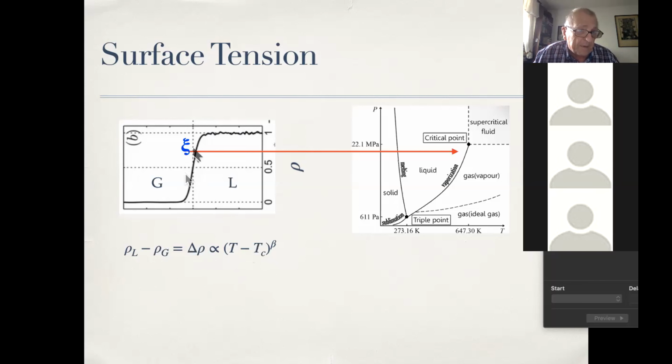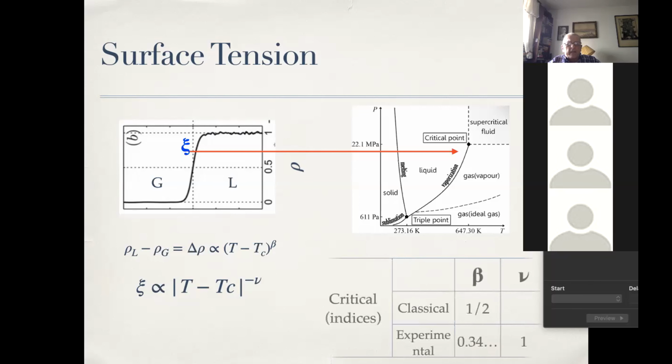So the other equation which I can write here is that, as I said, psi increases. When I'm approaching a critical point, this thickness psi, which is also a correlation length in some sense, increases. So it blows up. And it blows up also with a certain exponent, which is conventionally denoted by nu. And I have here a table with the values of those coefficients.